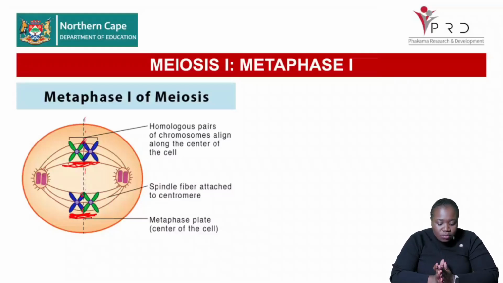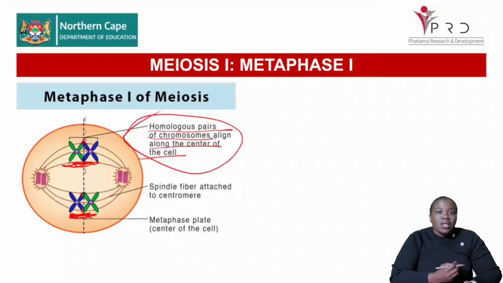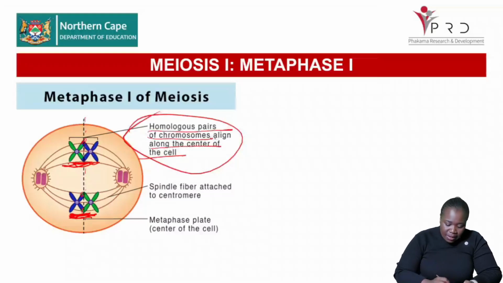So here, chromosomes align at the equator in homologous pairs. Homologous pairs of chromosomes align along the center of the cell. This is a very important statement about the process of metaphase, because that is the main thing that happens here.